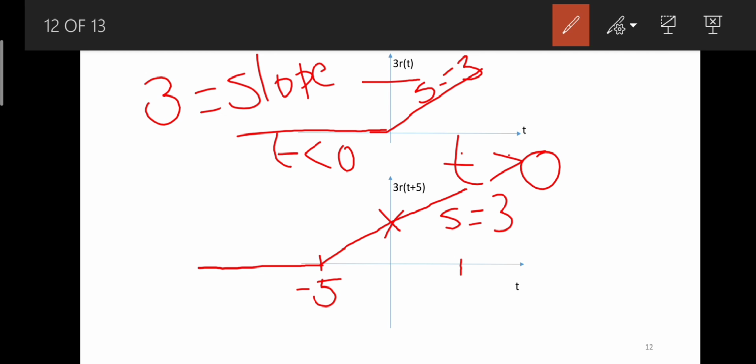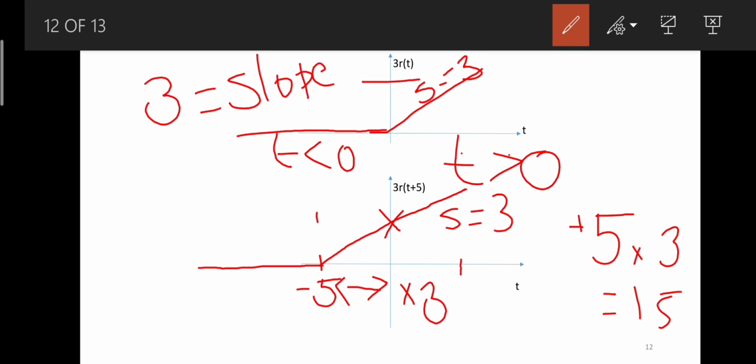The value will be equal to the change in x-axis multiplied with the slope, that is minus 5, or we can take the value plus 5 into 3, which is equal to 15. So the value at which 3r of t plus 5 intersects the y-axis is 15. So for every question, start from the basic equation and then proceed. It will be easier for you to solve any difficult question.